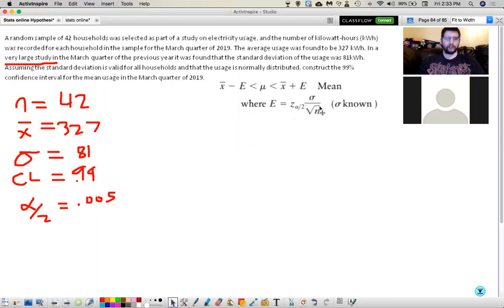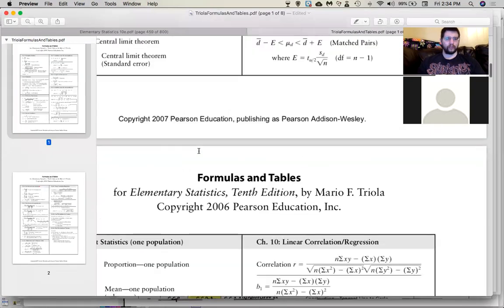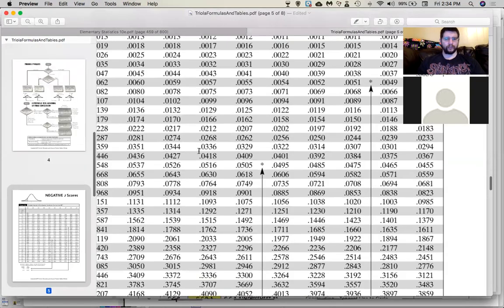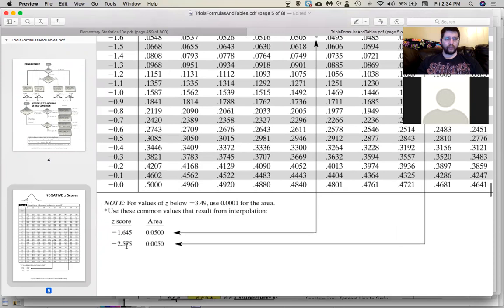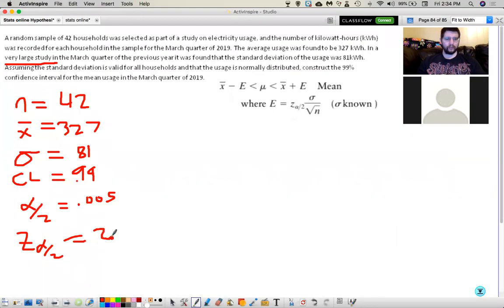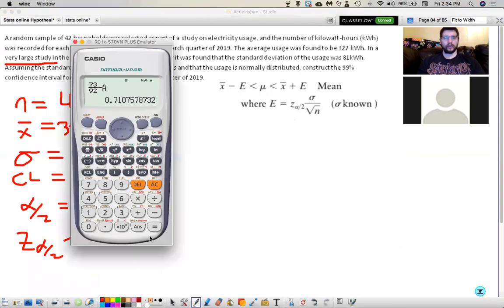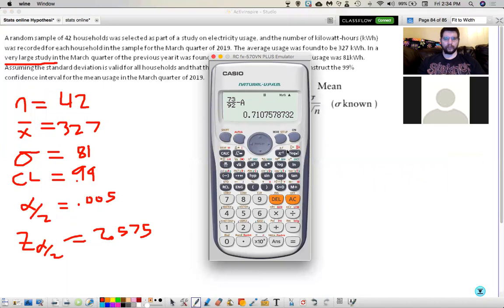Start with the error. So first thing I want to grab is z of alpha over 2. So let me get that z value. Two tail, it's going to be corresponding to this 0.005. Go to my chart. 0.005 is 2.575. Using the Casio or the TI, you just do an inverse norm of the 0.005.